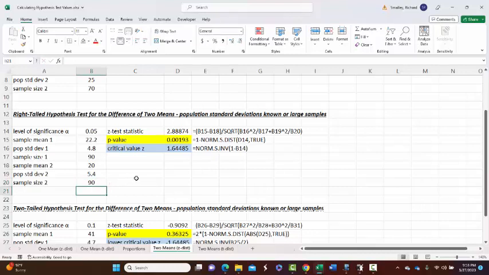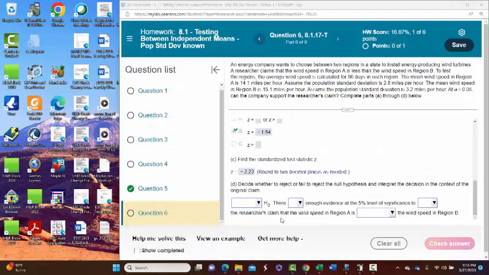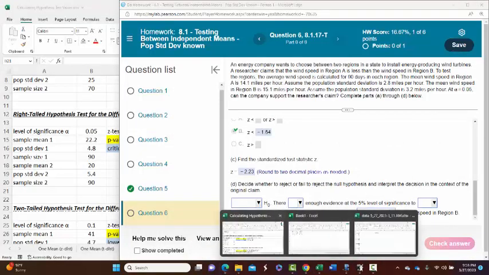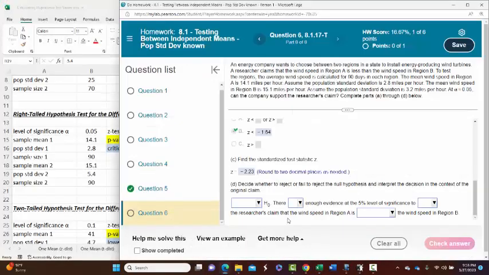Region A, mean speed 14.1 and standard deviation 2.8. I believe that's 15.1, and I want to say 3.2. That's probably not right. Ah, it is 3.2. 15.1 and 3.2.